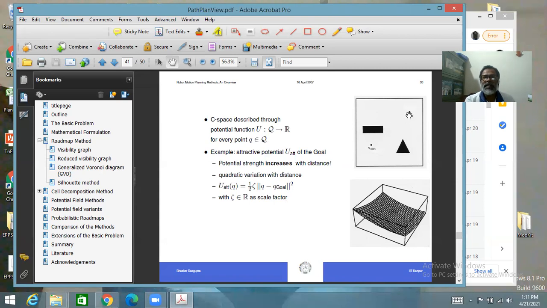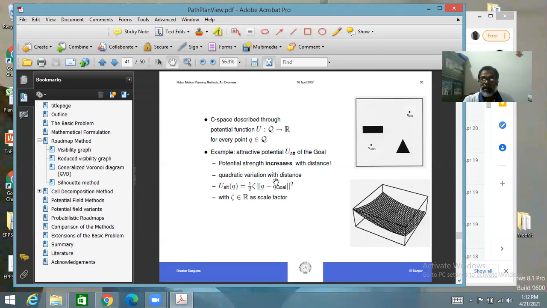So if this is the goal point, then the lowest point of the paraboloid will be, so see the 3D plot here, okay, like somewhere here. And as you go far, the potential function will be more. So this is the shape of the potential function paraboloid, because we have designed the attractive potential like this.